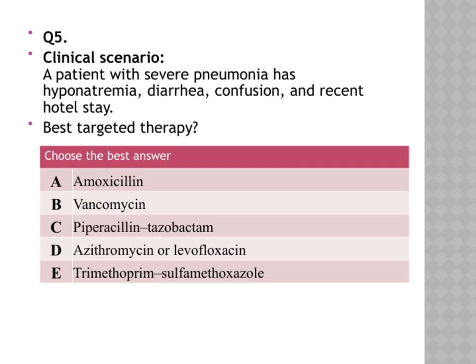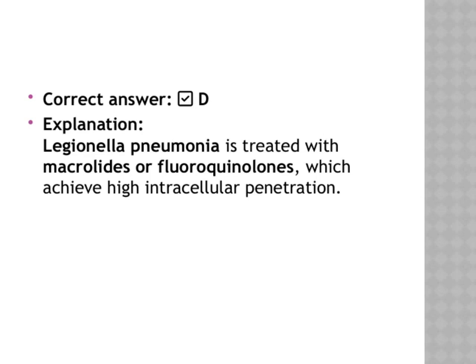All right, let's look at the correct answer here, which is D. Legionella pneumonia is typically treated with either macrolides or fluoroquinolones. The key reason for this choice is that these antibiotics can achieve high intracellular penetration, which is crucial because Legionella bacteria tend to live inside the cells.